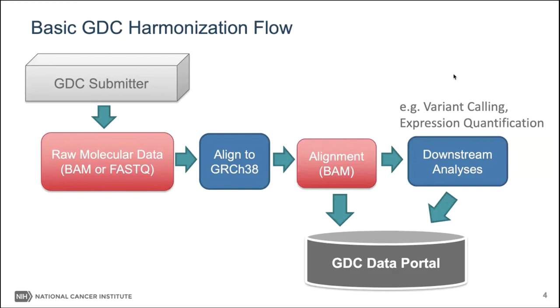Then we align it to the reference genome, GRCh38, which, if you're interested, can be found on our reference page on the GDC website. The aligned reads are made available in BAM format, and we also perform downstream analyses based on experimental strategy in addition to the BAM.